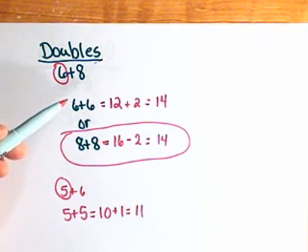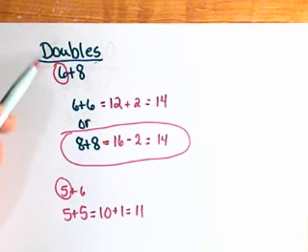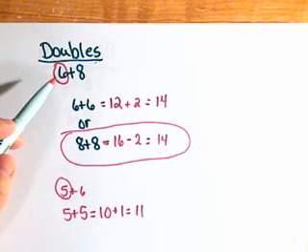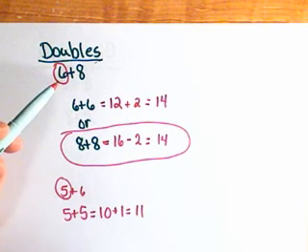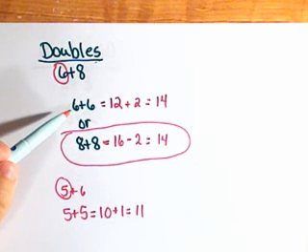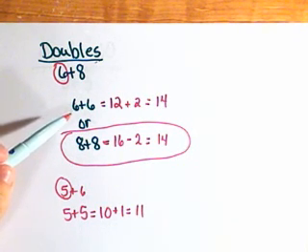Because math power, which is one of the concepts in the NCTM standards, mathematical power is only conceived for a student when they actually can understand, and when the teacher says, Johnny, what is 6 plus 8? And Johnny answers 14 without having to sit and do the mental math of doubles in their head.